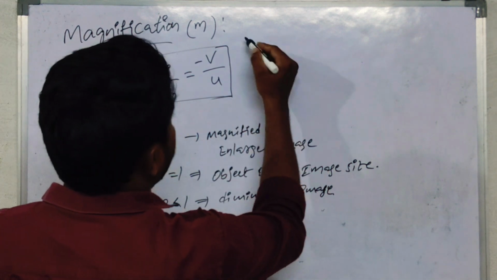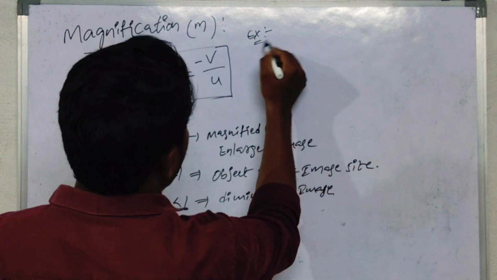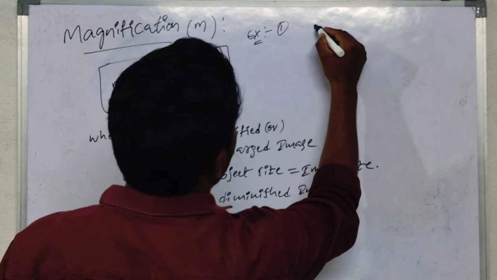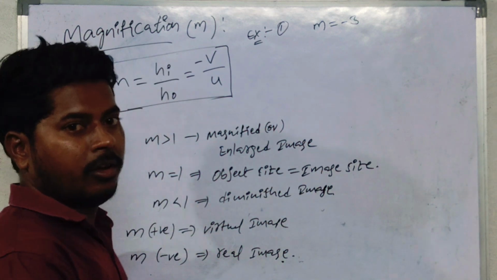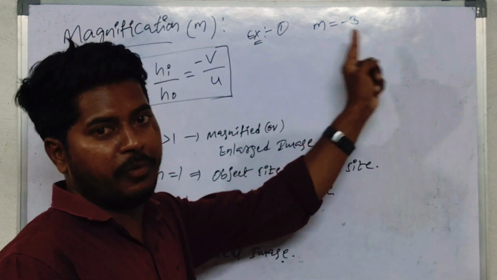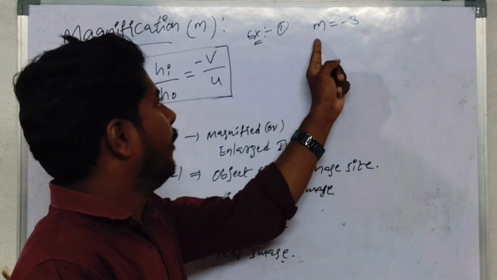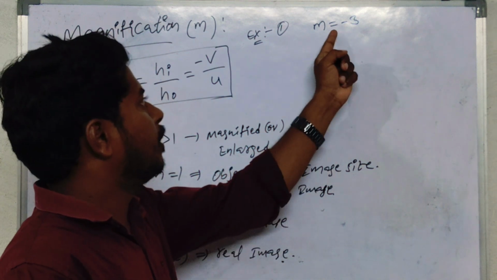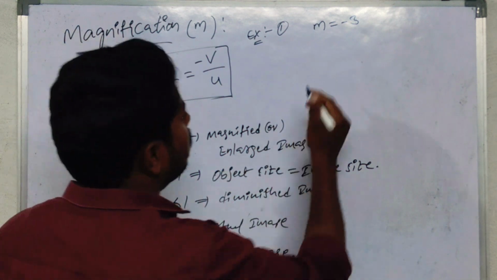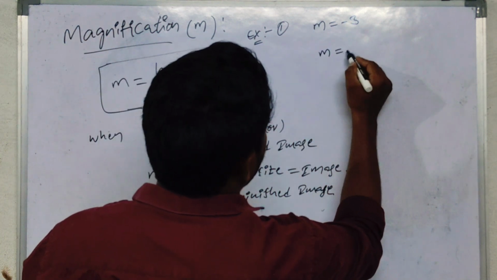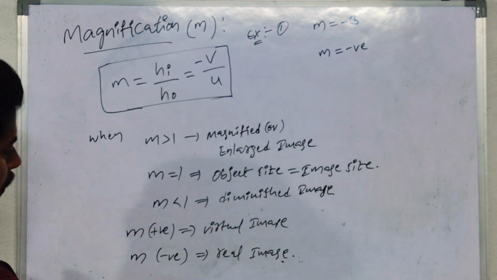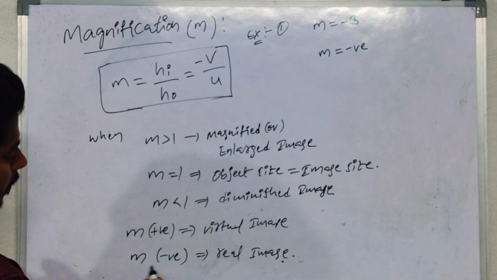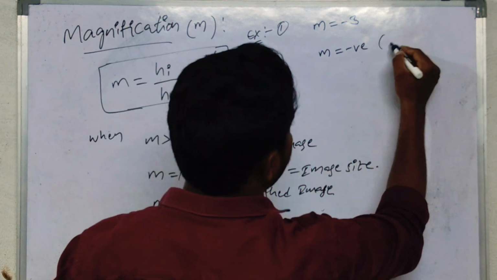So let me take one example. When m equals -3, then we have to see individually. m is negative, and as I already told you, that means a real image.